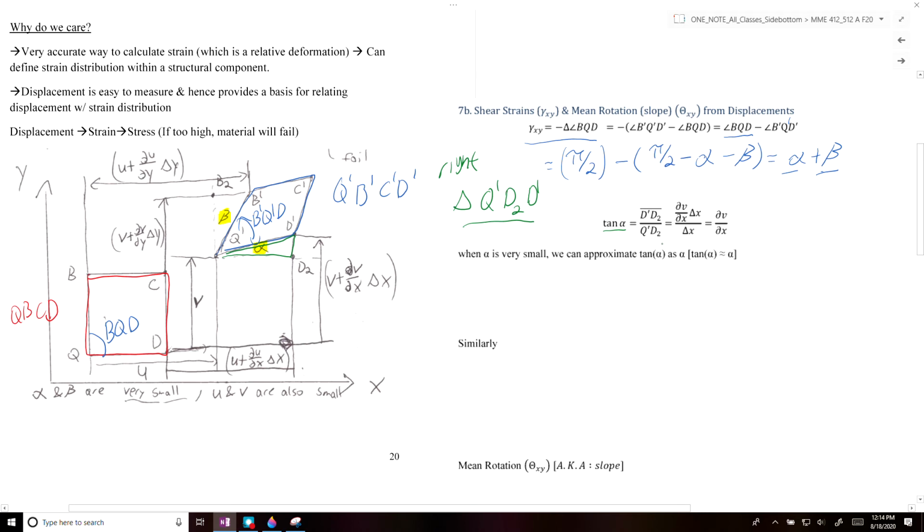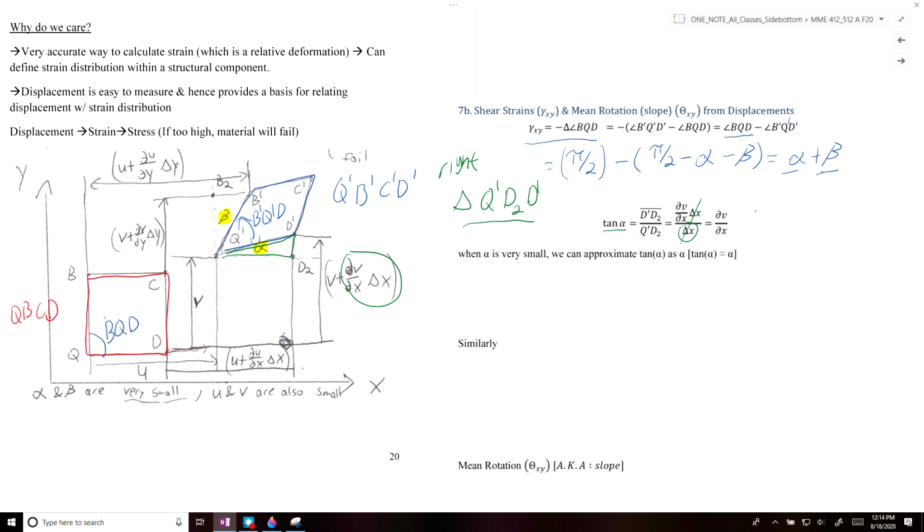We know that Q prime over D2 is approximately equal to delta x, or the length of the element, and the change in this height is going to be equal to dv dx times delta x. So the delta x's will cancel out, and we're left with just dv over dx.